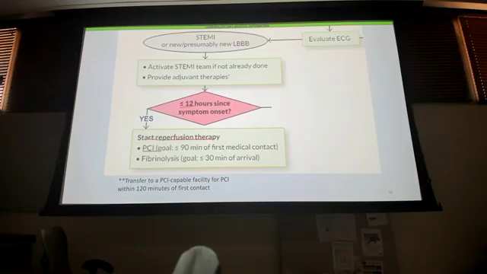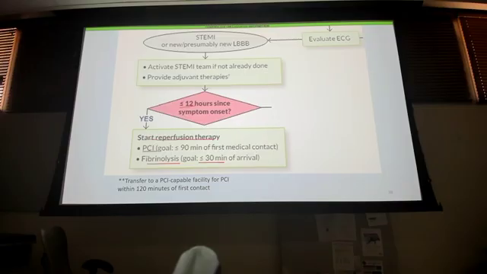Because the reason that that's important is if I cannot do that, then I need to be focusing on giving them fibrinolytic therapy within 30 minutes of their arrival, okay? So it's not 90 minutes, oh, I can't make that, so let me add another 30 minutes.